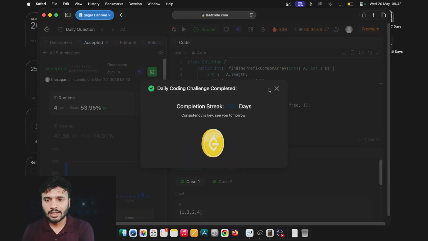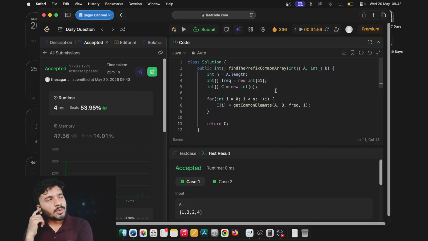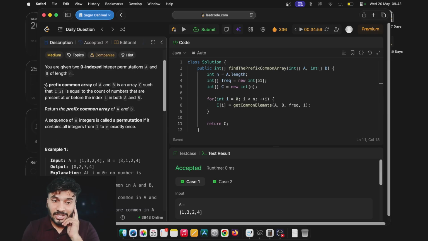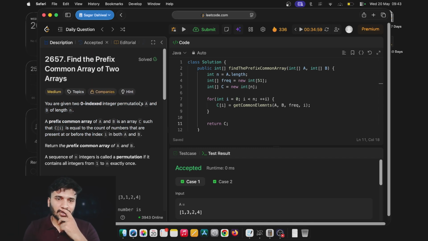Great. So probably when I was trying to explain, at that time I just did not read this properly. I'm sorry for that. Yeah, this was pretty simple, but first we took time to actually get the question.